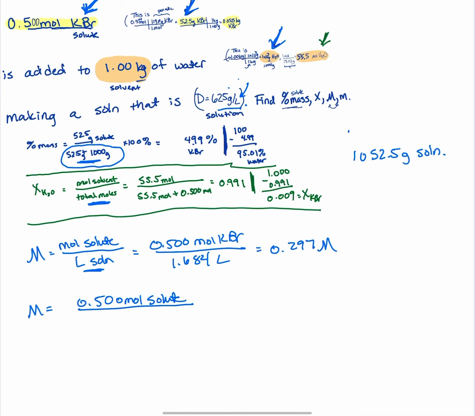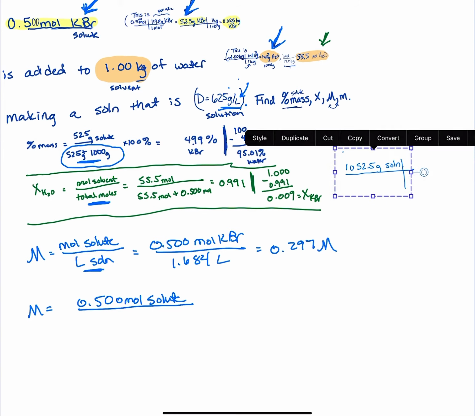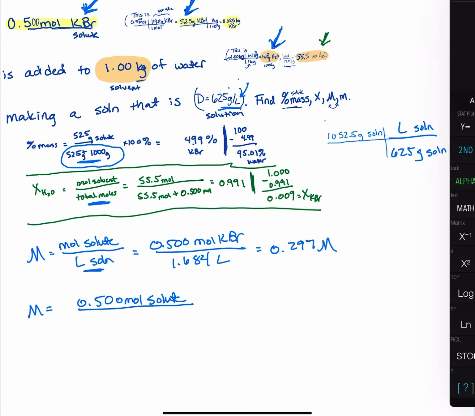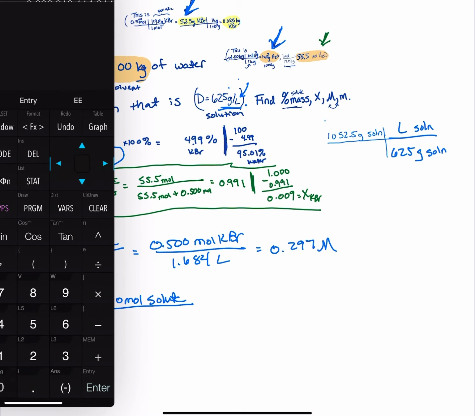Now look, if you have grams per liter, it's not too bad to go ahead and get that into liters. I'm going to bring this over here and kind of squeeze it in. So this is 625 grams of solution, and then this is liters of solution.